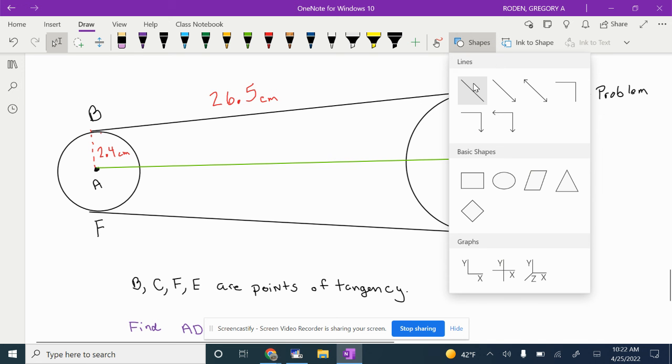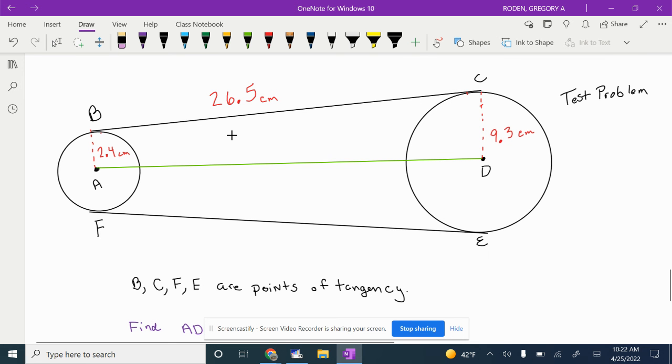So what we're going to do is we can always construct a parallel line through a point. If we have a point and another line, we can always construct a parallel line, right? So I'm going to start at A here, and I'm going to construct a line that's parallel with line BC. It's going to look something like this.